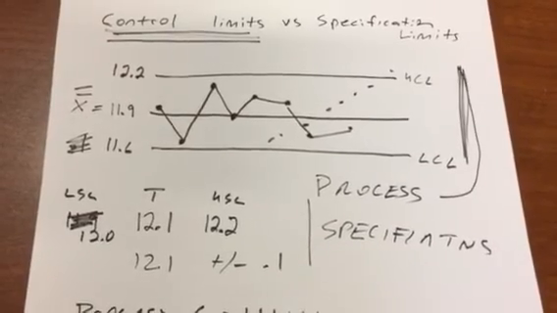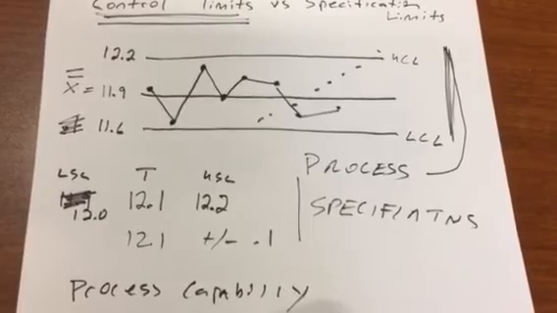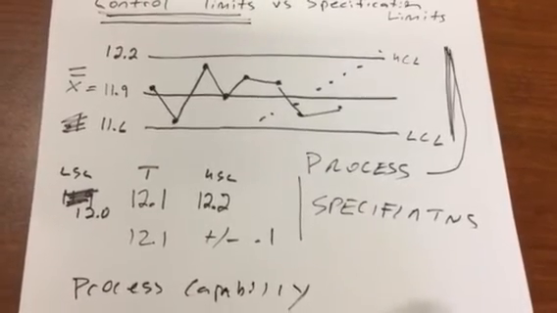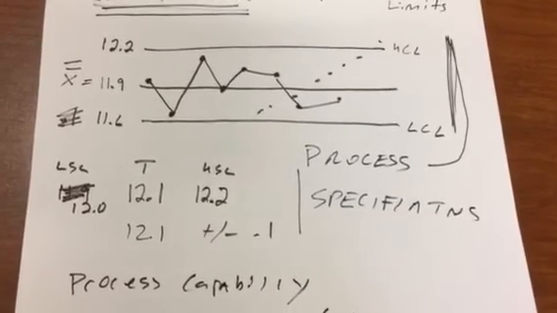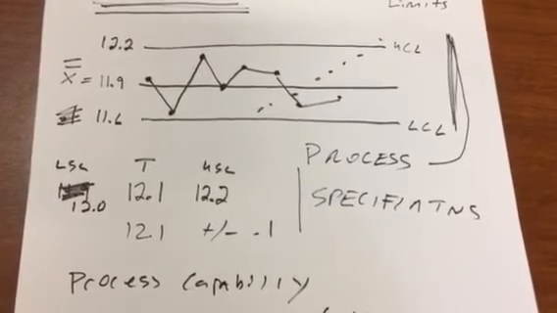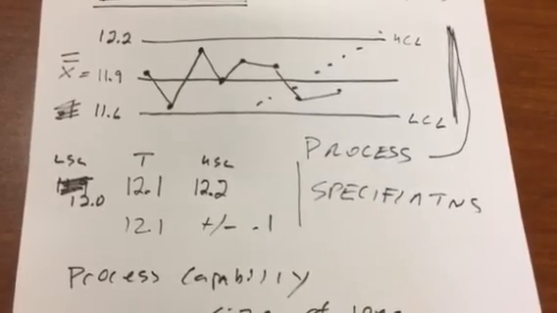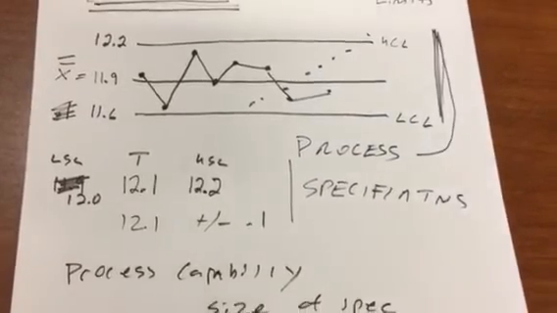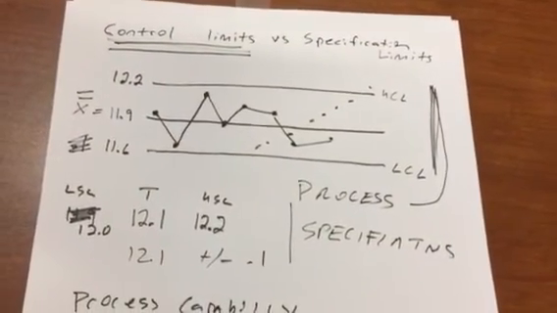And process capability we can think of as the size of the specification over the variability in the process. It's just the ratio of those two different things, okay?